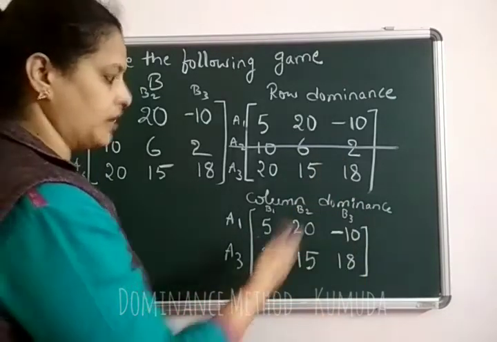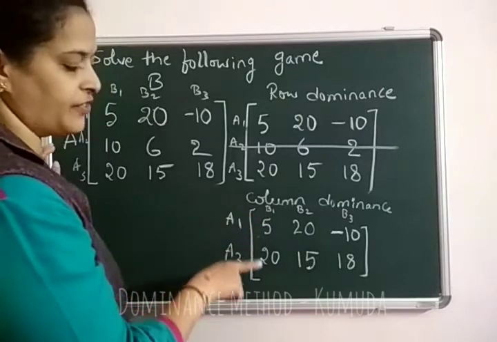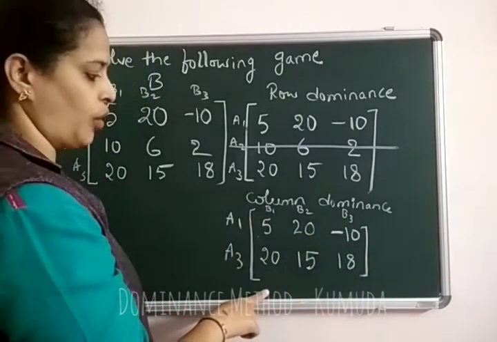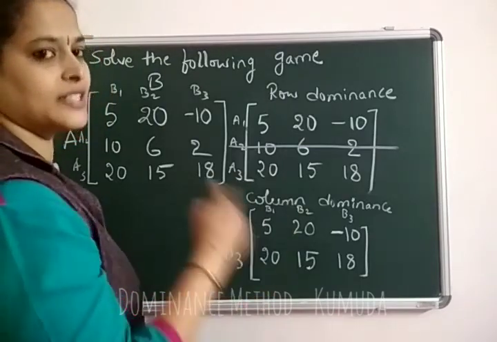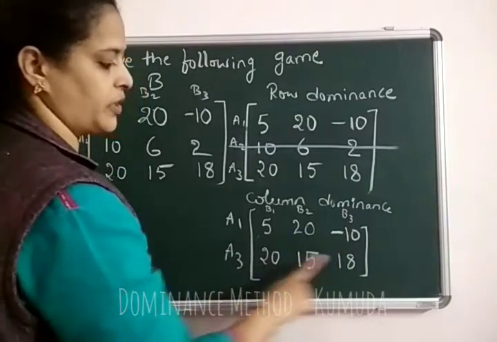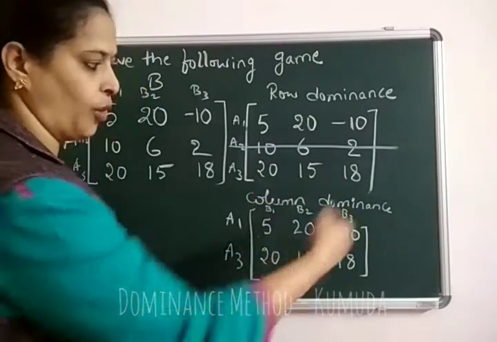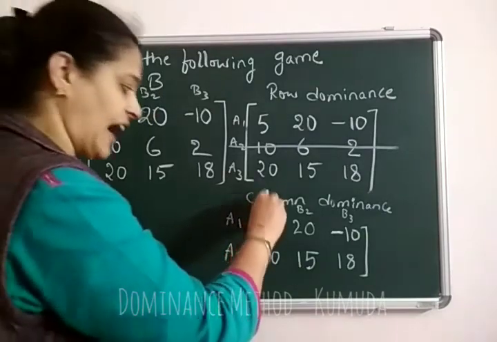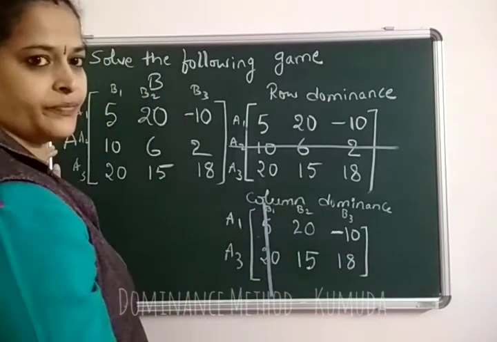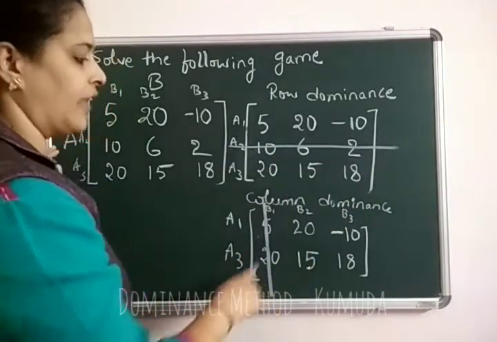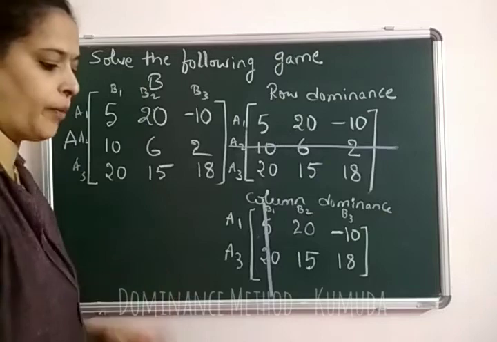And according to the column dominance, when we have the highest numbers here and this is the lowest number, the highest column gets cancelled. So clearly I compare and tell, 5 is more than minus 10, 20 is more than 18. So B1 dominates B3, and according to the column dominance, the highest column gets cancelled. The lowest row and the highest column get cancelled, and the resulting matrix is copied down.